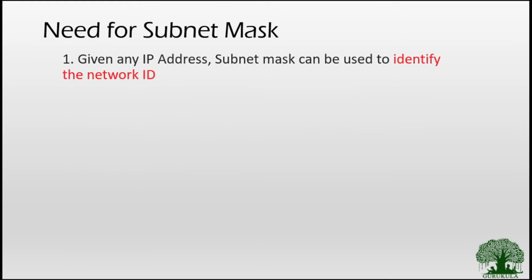So what happens when we perform subnetting? Let's try to understand the need for the subnet mask first. Given any IP address, a subnet mask can be used to identify the network ID. If subnetting is not performed, then identifying the network ID is very easy.